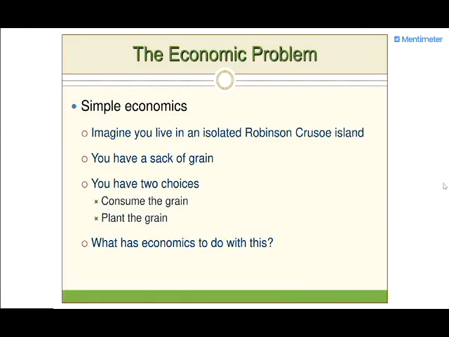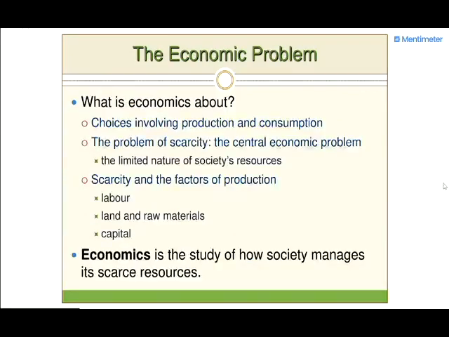That's an interesting choice that businesses face today. And the question is, what has economics to do with this process? I hope we will be able to answer that question as we go on. In this case, choices are involved, and economics inherently deals with choices, in fact choices of a limited nature. Your choice as islander is to either produce or consume.